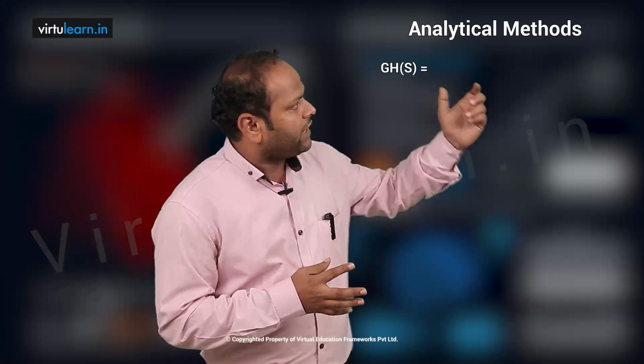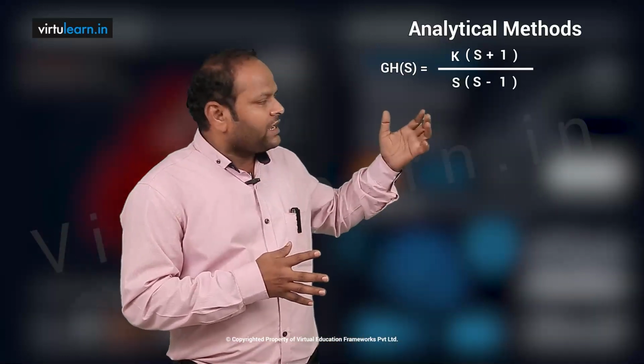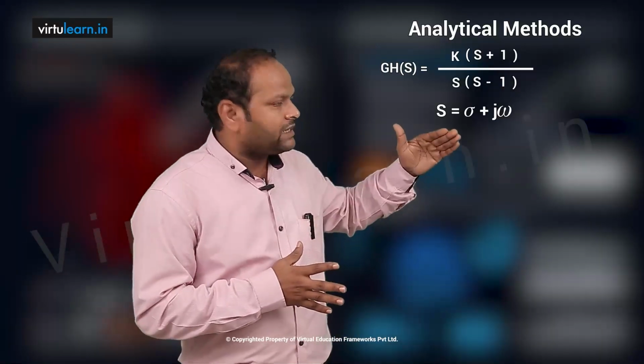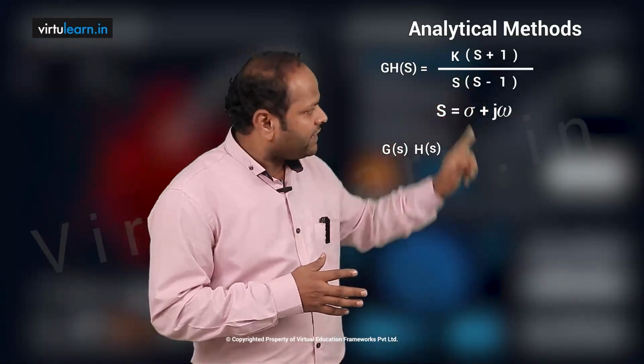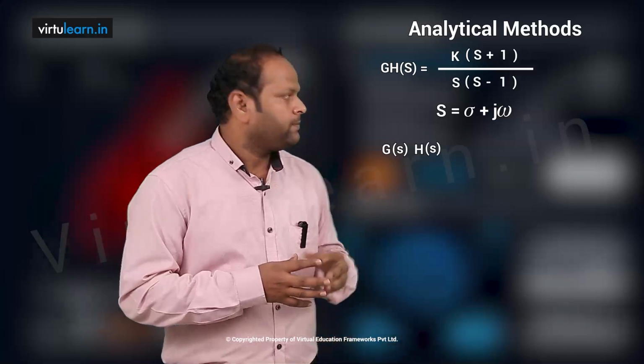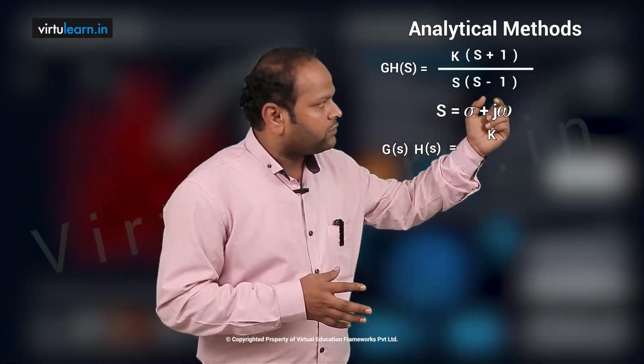So in the analytical method, let us take the open loop transfer function GH of s. We know that GH of s is equal to K into (s plus 1) divided by s into (s minus 1). And we know that s is equal to sigma plus j omega, which is a complex frequency. Let us substitute that. So you will be getting GH of s, where s is equal to sigma plus j omega, equal to K into, in the numerator, sigma plus j omega plus 1.